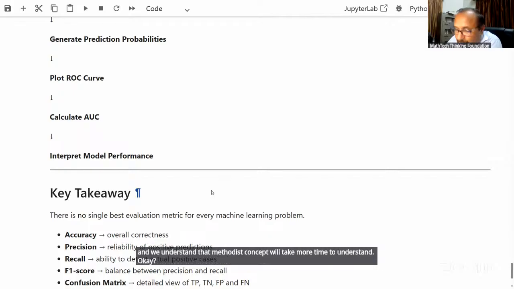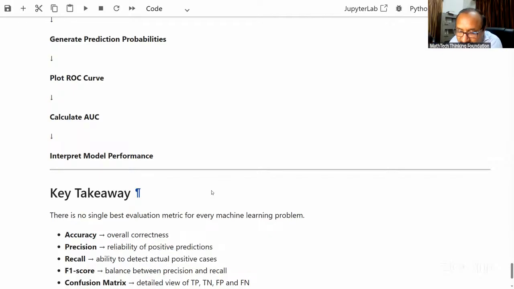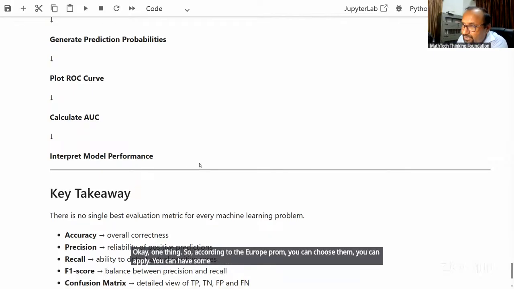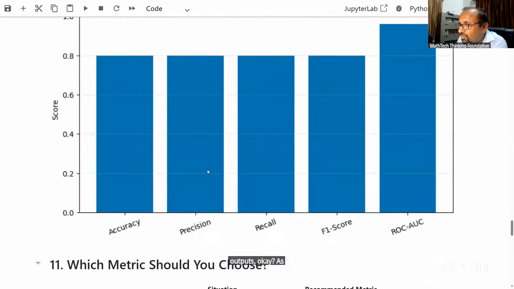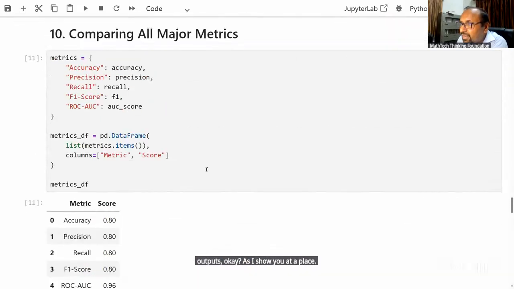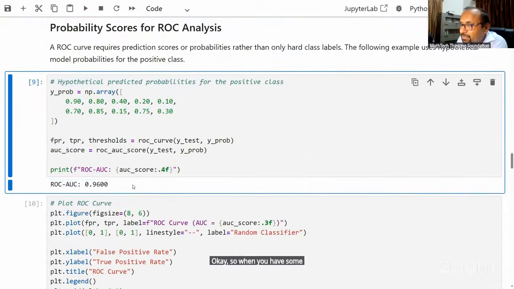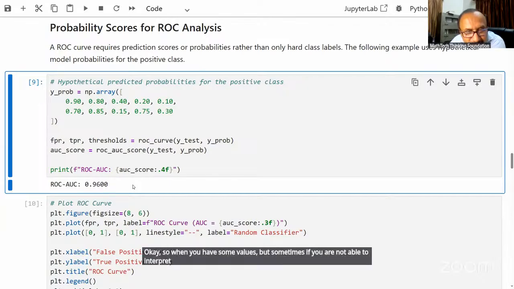But the main thing is to understand the purpose of the test you implement. According to your prompt, you can choose them, apply them, and get some outputs, as I showed you at this place. You will have some values, but sometimes if you are not able to interpret them, I told.